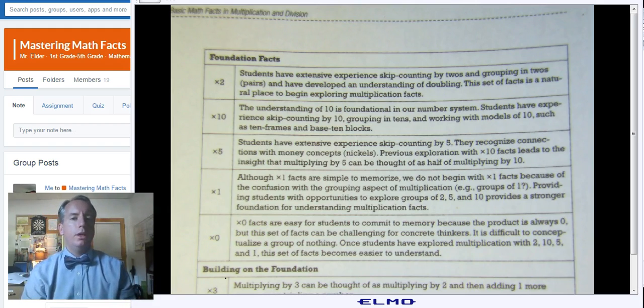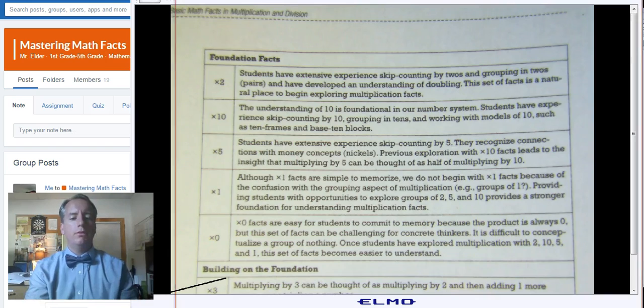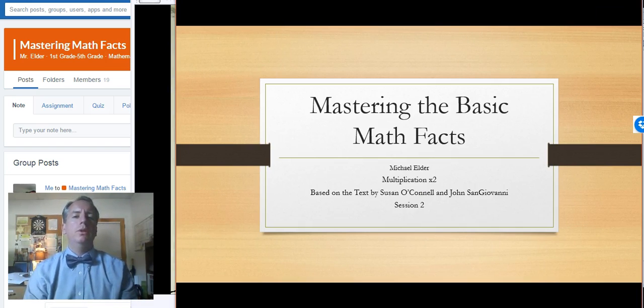So we'll look at that here in just a moment. We're going to look at a number of games to help build automaticity. We're going to talk about automaticity and then ultimately close up with how do we assess kids' progress, and those things that are always a big part of multiplication facts. So let's jump right into it here.